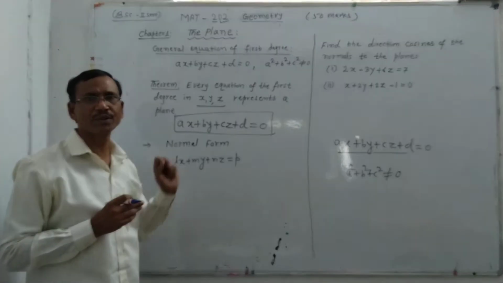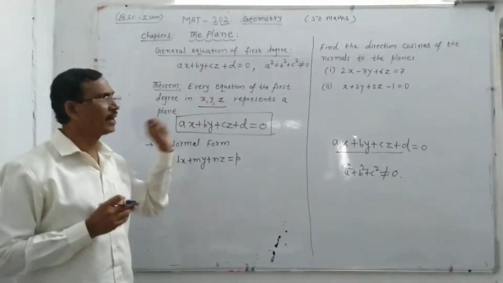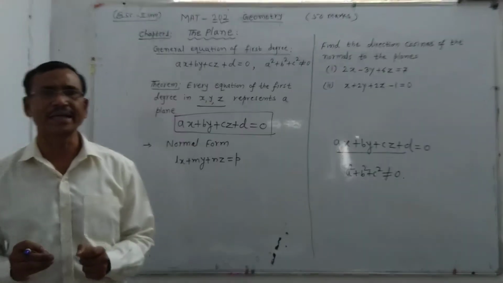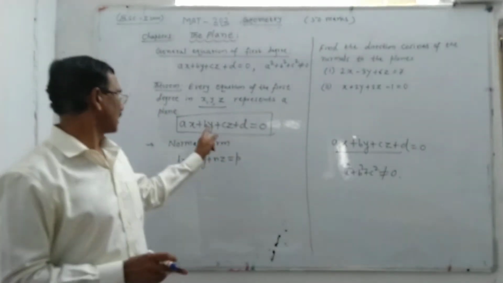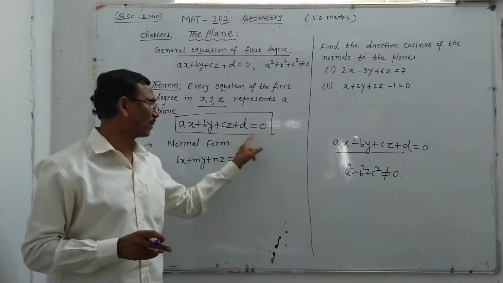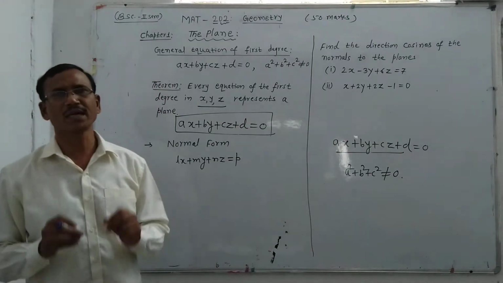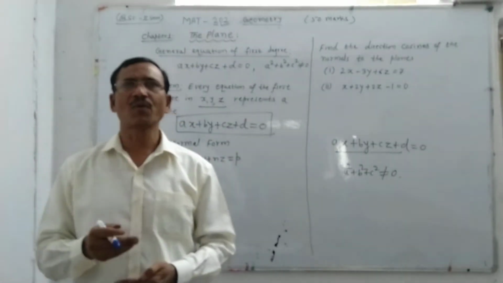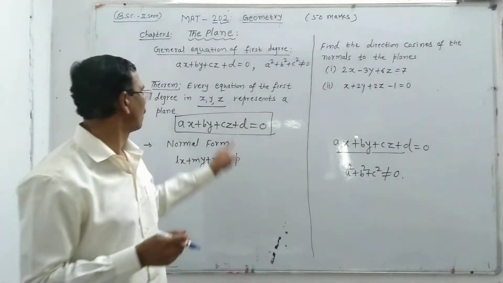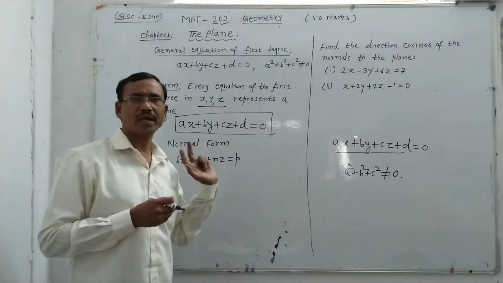This is the general equation of plane. What is the statement? Every equation of first degree in x, y, z represents a plane. Whenever we have to write a plane, we shall write such type of equation.